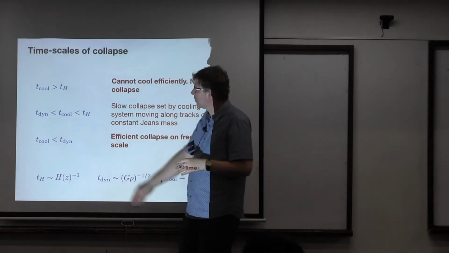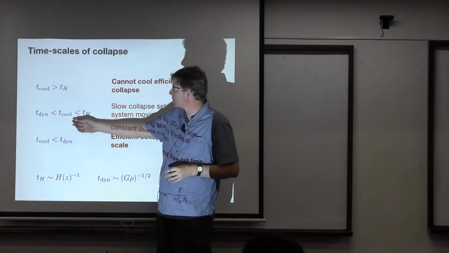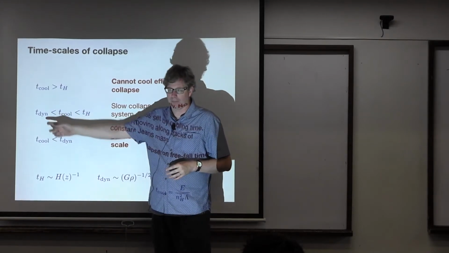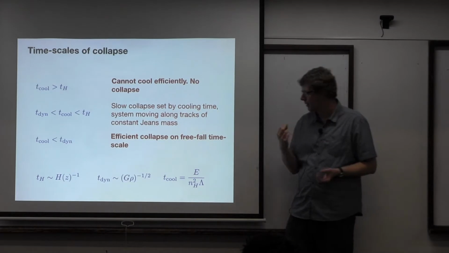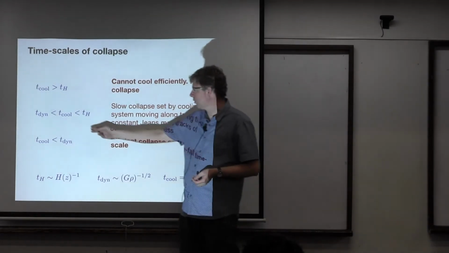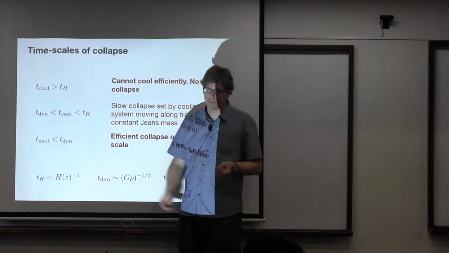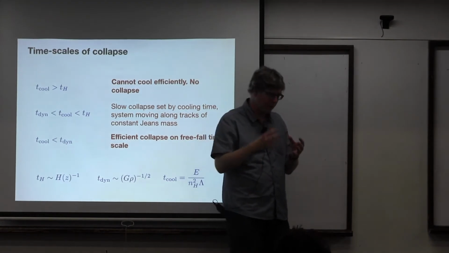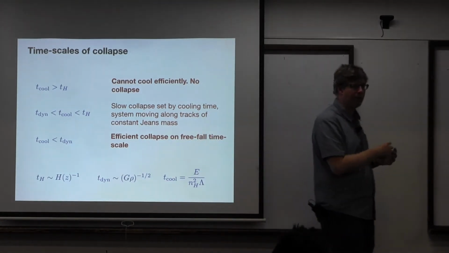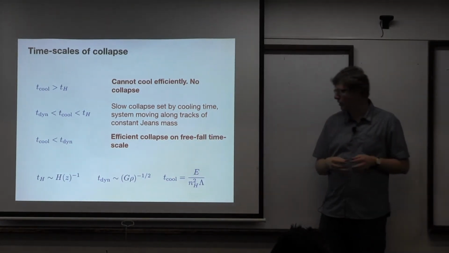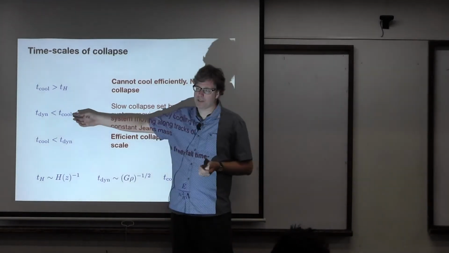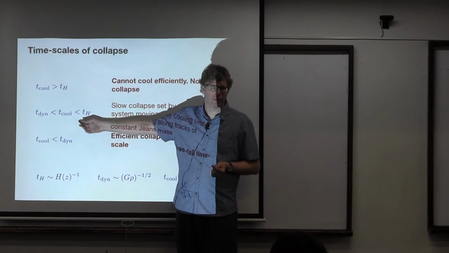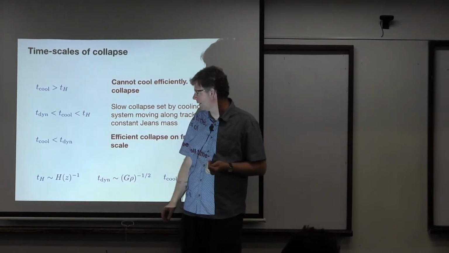So gravitation can quickly re-establish equilibrium. And I'm not going to go through the argument in detail, but in this case you basically move slowly along tracks of constant Jeans mass. So this collapses, but it collapses slowly. It's not a very efficient way of doing anything.